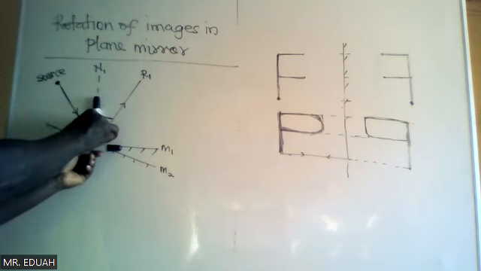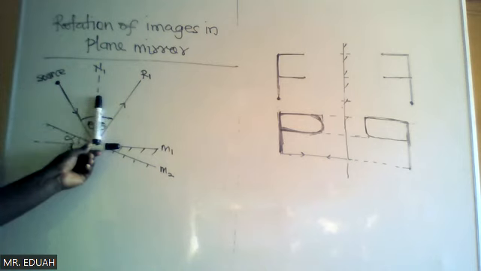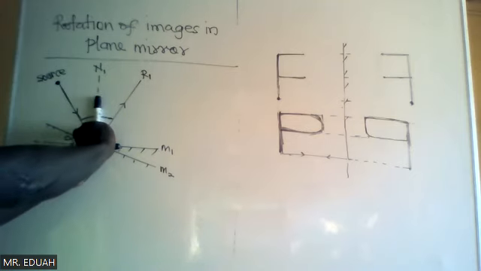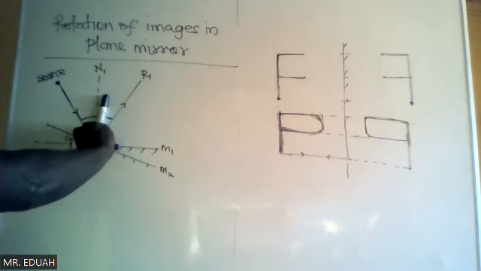This is the normal N1 when I haven't rotated the mirror. When I rotate the mirror through an angle alpha, see what will happen to N1. I'm rotating it clockwise. What is happening to the new normal?